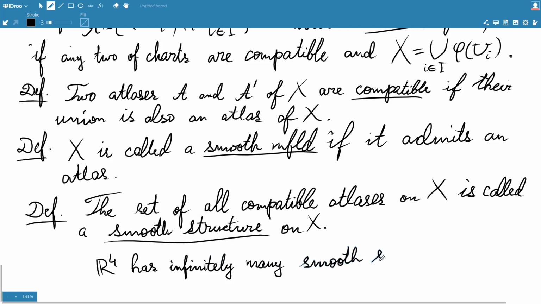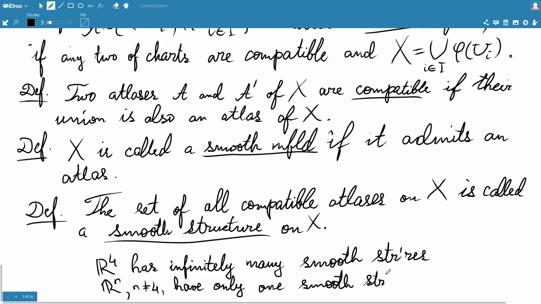Other Rn have only one smooth structure. So this is just an example.